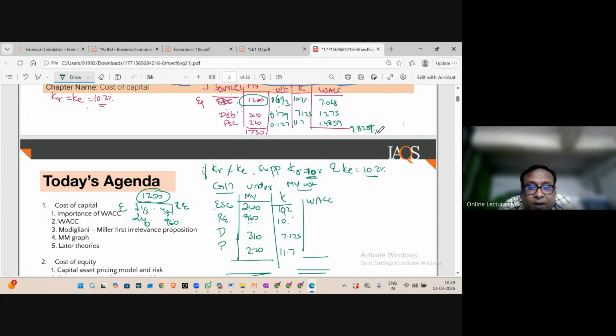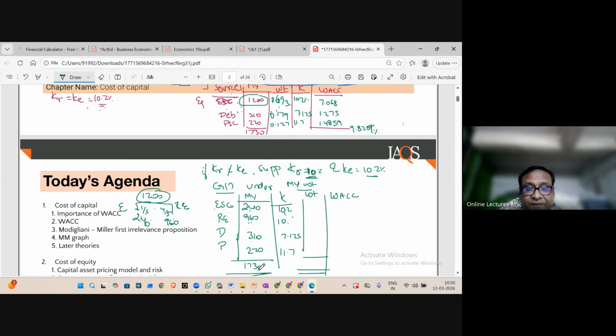Similarly, I forgot to give them the weights. I'll have to give them weights before finding WACC. So the total needs to be the same, 1730.